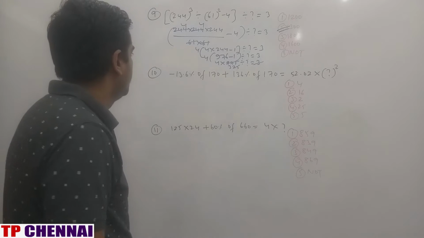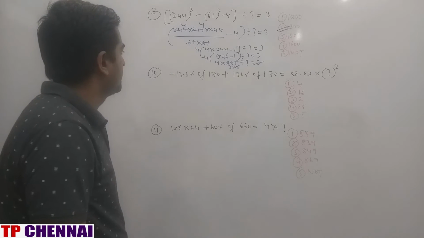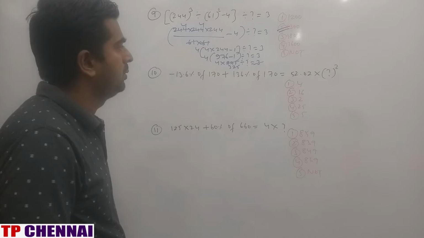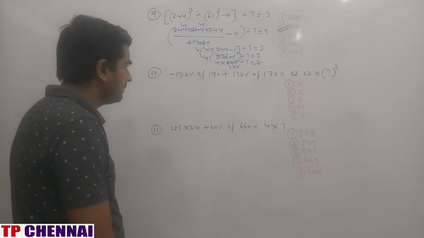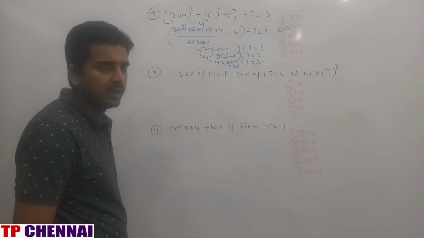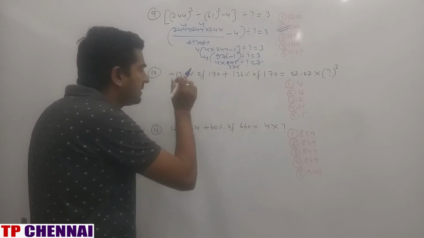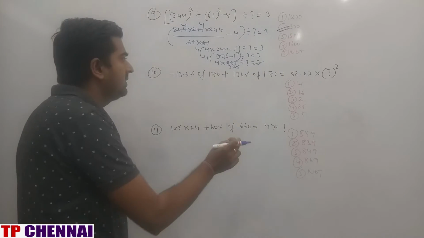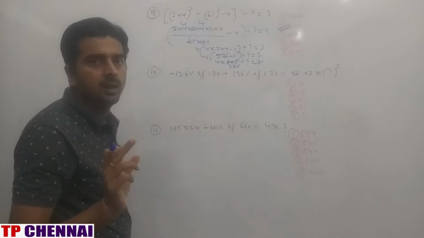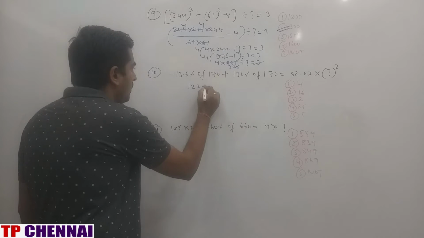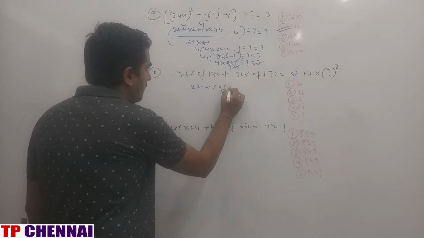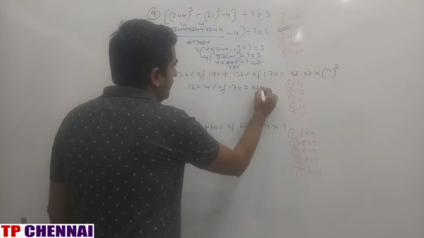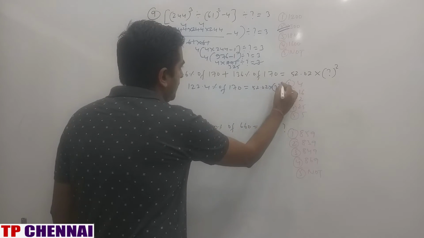Right? Quickly. Then this one, minus 13.6% of 170 plus 136% of 170 is equal to 52.02 into question mark square. 170 common is there. 136 minus 13.6. So first subtract 136 minus 13, 123. Then subtract 136 minus 0.6, 0.4. So 122.4% of 170, right, is equal to 52.02 into question mark whole square.